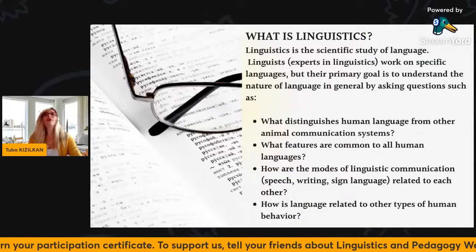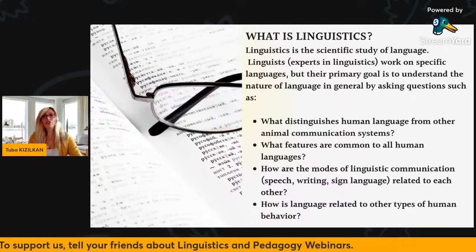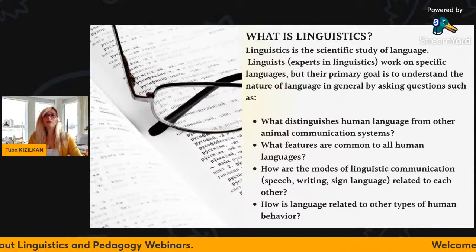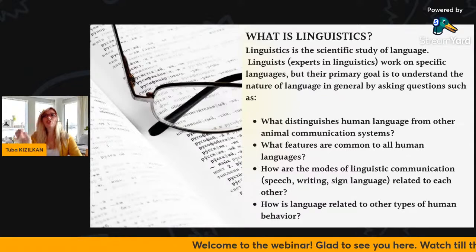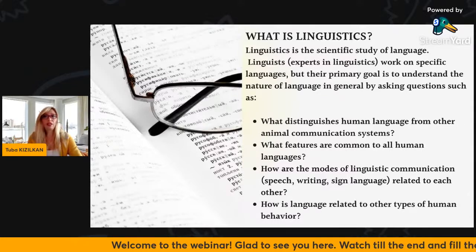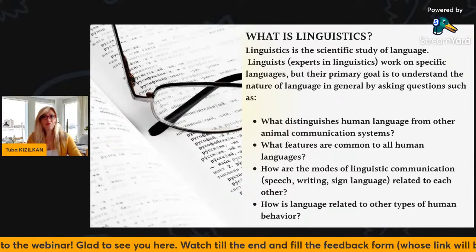And what is linguistics? As this presentation is on linguistics and pedagogical linguistics, we should also briefly mention what linguistics is, so that we can understand what pedagogical linguistics is.